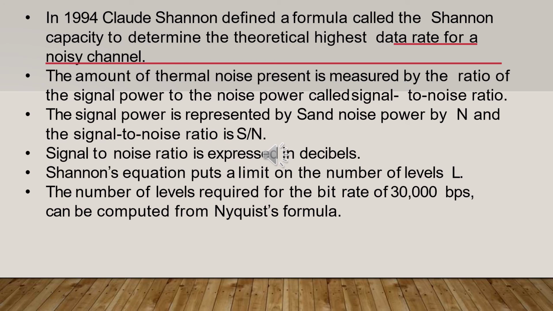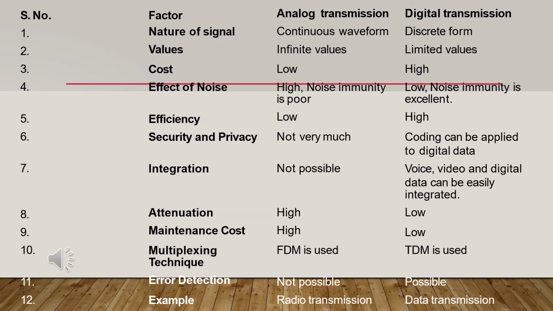Signal to noise ratio is expressed in decibels. The Shannon equation puts a limit on the number of levels L. The number of levels required for a bit rate of 30,000 bps can be computed from Nyquist's formula as given below for your convenience.